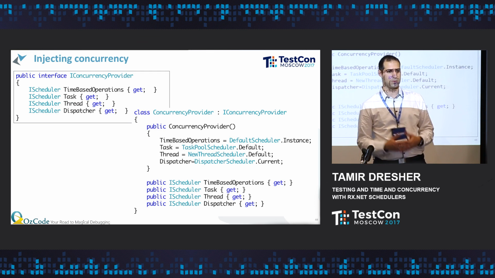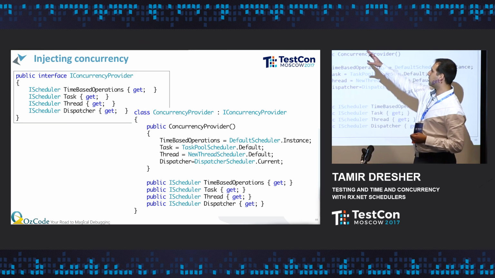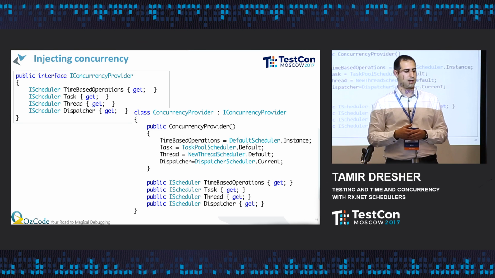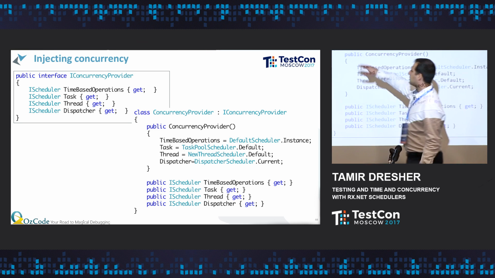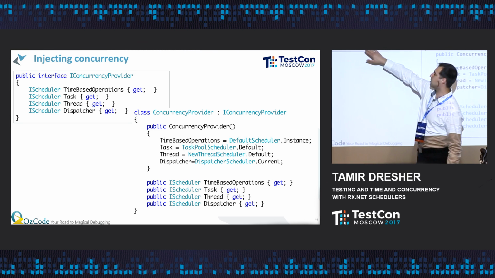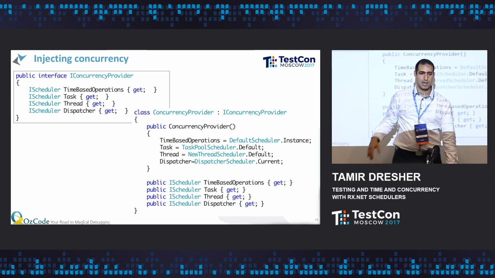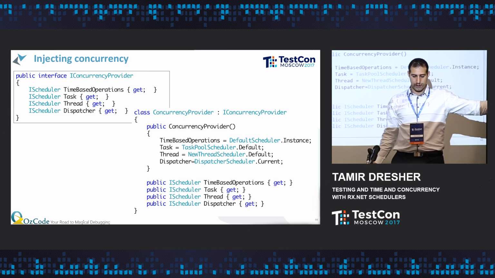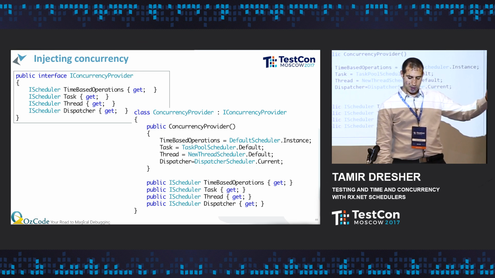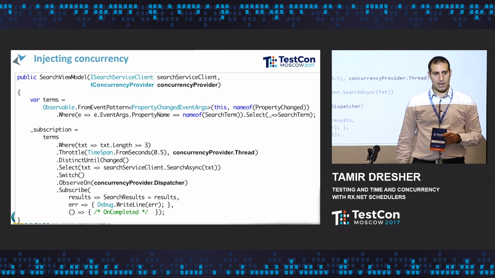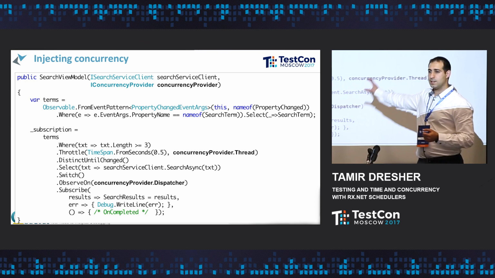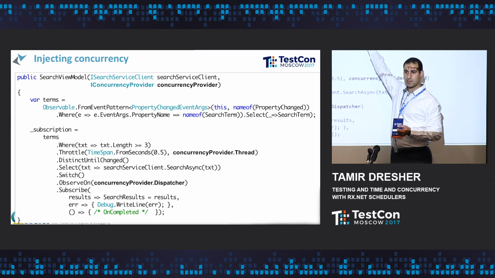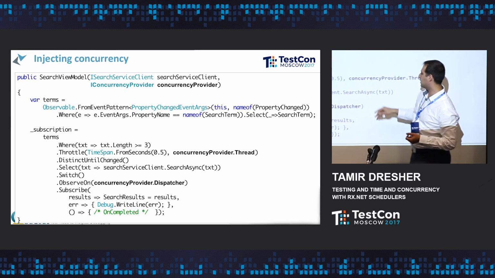So now what I'm going to do is create a wrapper on all these kinds of concurrency types, let's say time-based operation, task, thread, dispatcher, which is the UI thread. And I give my implementation for the real code that uses the real schedulers, but inside my testing, I can change it. So the code inside my view model now changes to receive the concurrency provider that I created and use it inside the code.